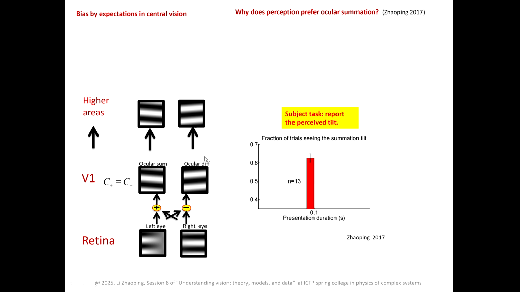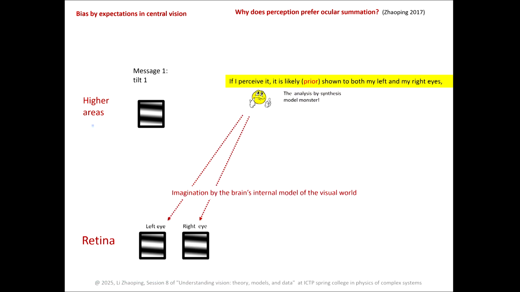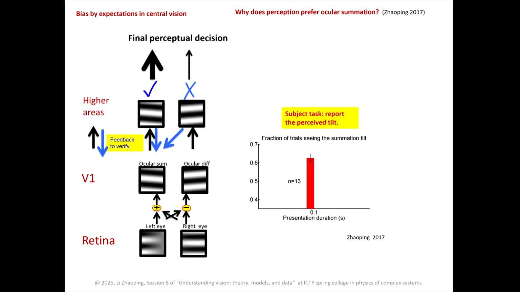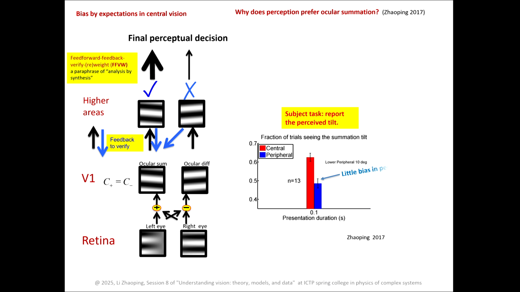Ocular summation, there are just two signals. And with these two signals, it doesn't know what to say, so it will be 50-50. And that's why it's 50-50. It doesn't know. Yeah.